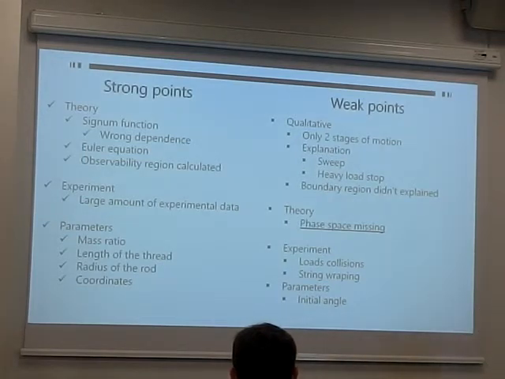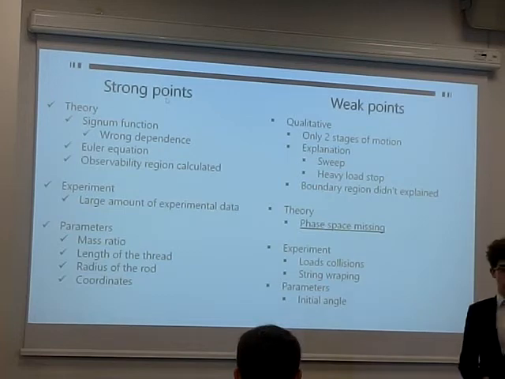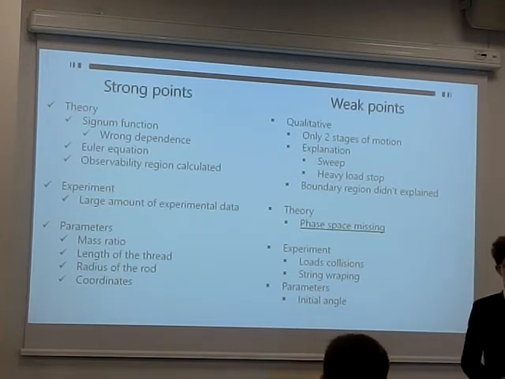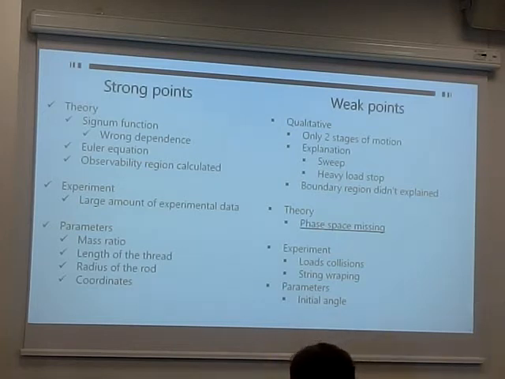He also used an inverse equation, and the main advantage of the theoretical model was that he calculated the observability region, but during my qualifying questions, he couldn't explain the condition that was applied to that curve. Also, he investigated a really large number of parameters, such as the mass ratio, the length of the thread, and so on.